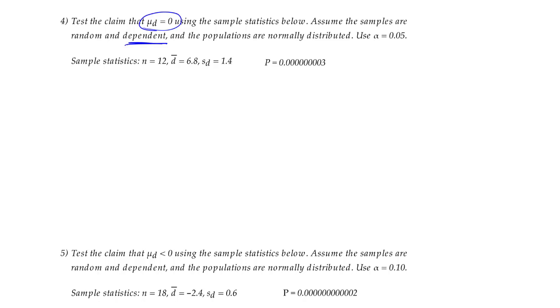If we're being asked to claim that mu d equals 0, that has to be the null, and then mu d not equal to 0 is the alternative.